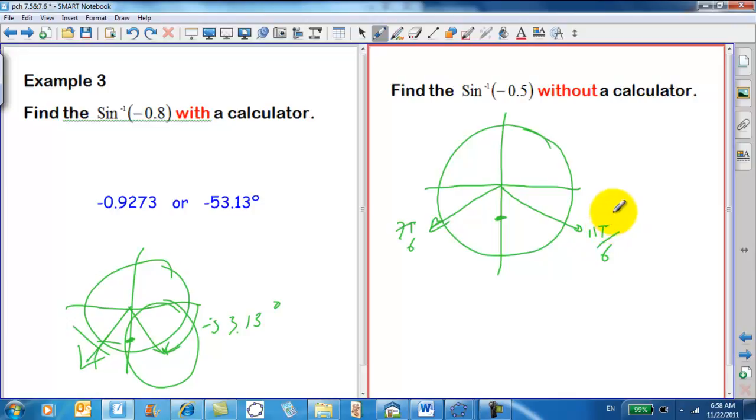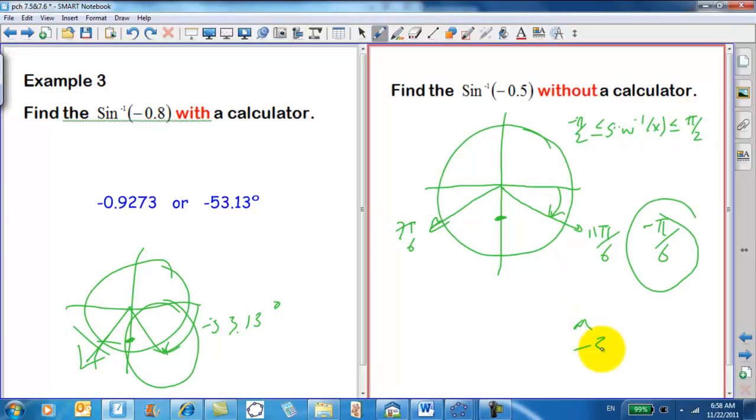But neither of these are the correct answer, because the output for the inverse sine of a number has to be between negative pi over 2 and pi over 2. So I have to express this one as its coterminal angle negative pi over 6. So that's your answer. You've got to answer not just specifically in the fourth quadrant, but with an angle between negative pi over 2 and pi over 2. Negative pi over 6 or negative 30 degrees if you're in degrees.